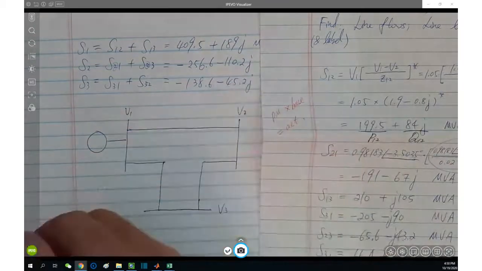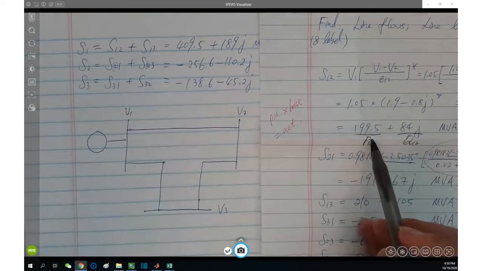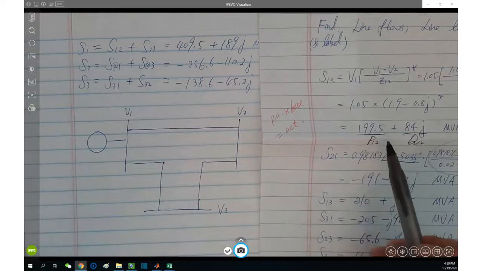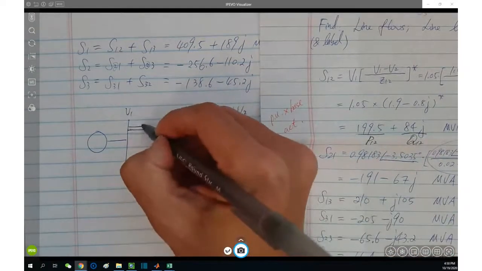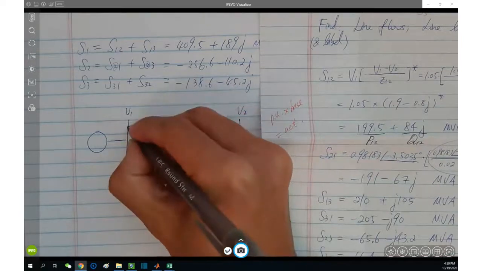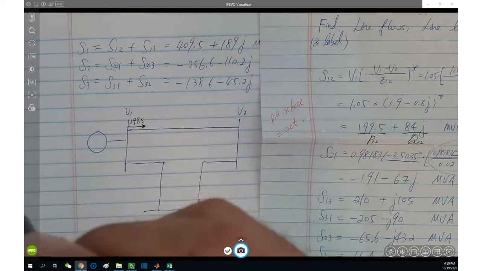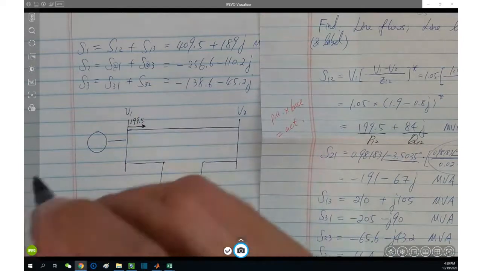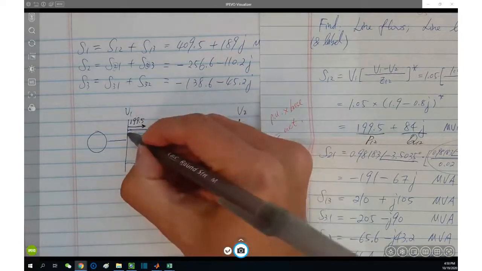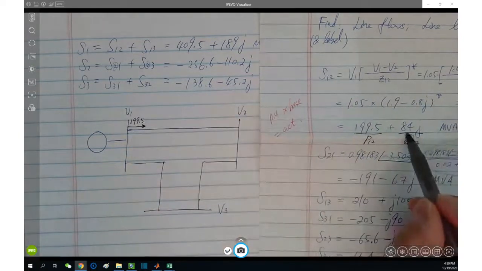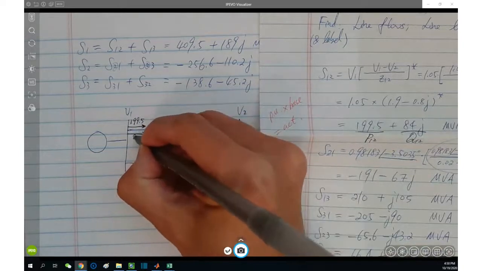We're seeing S12, the P12 is 199.5, right? It's positive. We know it's towards this direction, no problem. Active power, we are using a line with an arrow on it, representing the active power. The other side of the line, we are labeling 84, because it's positive 84.